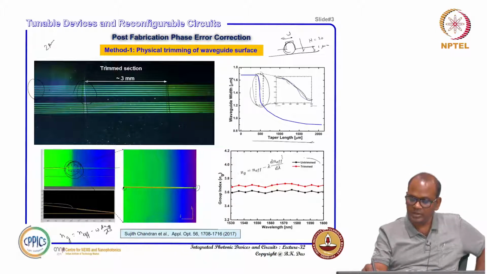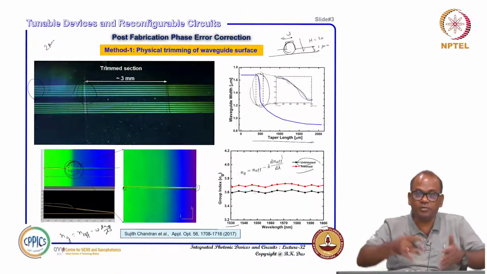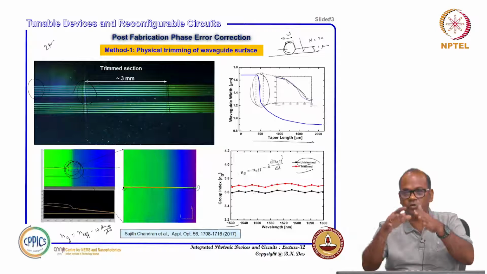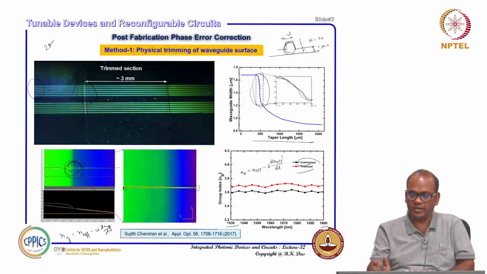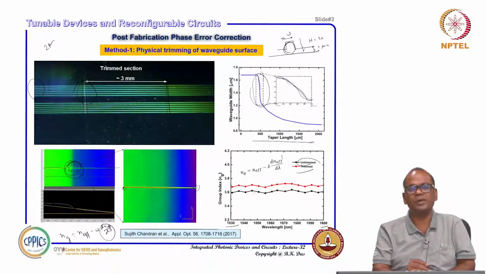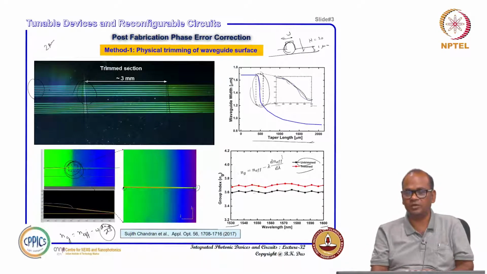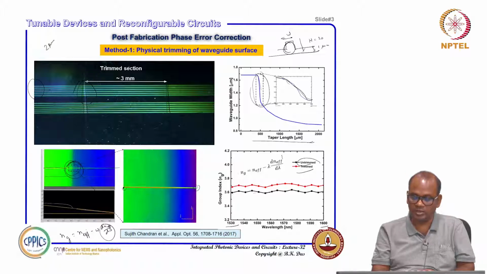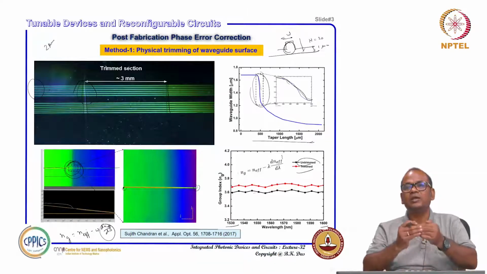That is what you want to tune basically. So when untrimmed, that is the black curve, the group index is on the order of 3.6 as a function of wavelength, from 1530 to 1600 nanometer when we monitor. But when you trim it, reducing the waveguide width, the mode will be confined more. In that case the dN effective d omega term will have a large value, so the group index will be increased.